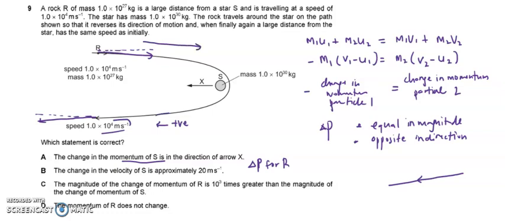Because we have taken left as positive, the initial velocity will be the negative of that value. So if we take v minus that value, it becomes plus. This is our v and this is our minus u. Because if u is in this direction, minus u is in this direction.